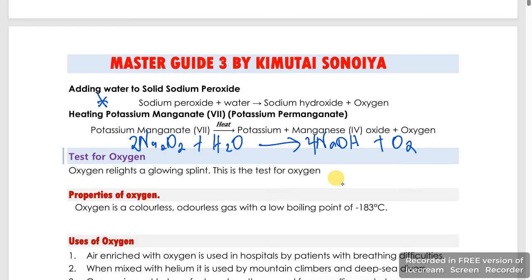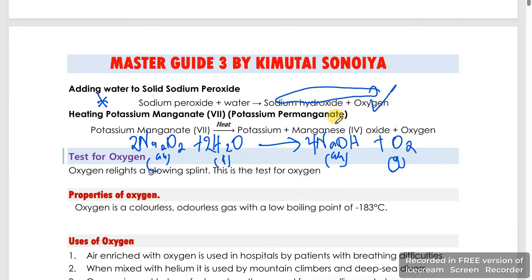Is it balanced? We need 2 here. And that is now okay. Very good. So this is a gas, this is aqueous, liquid, aqueous. So this is the equation for this reaction.